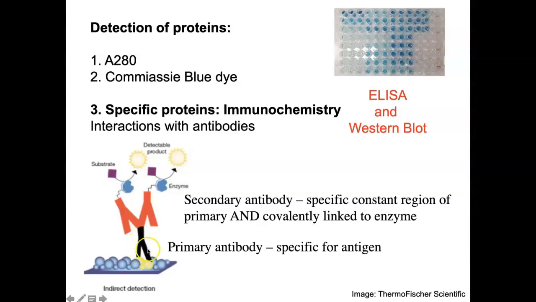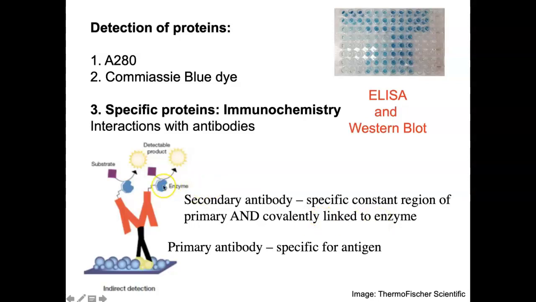So if your specific antibody for your protein of interest was made in rabbit, all rabbit antibodies will have the same constant domain, and so you need anti-rabbit antibody that's made in another animal, like chicken, goat, whatever, right? But what's special about the secondary antibody is it's linked covalently to an enzyme, usually horseradish peroxidase, again, a cheap, easy to get enzyme.